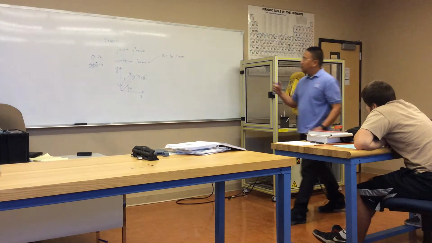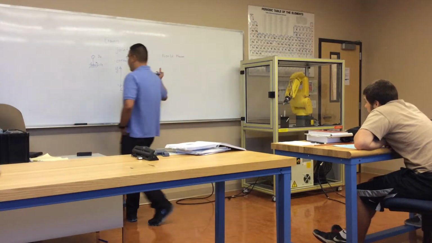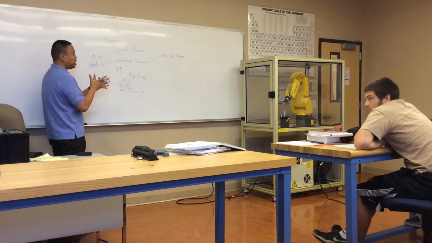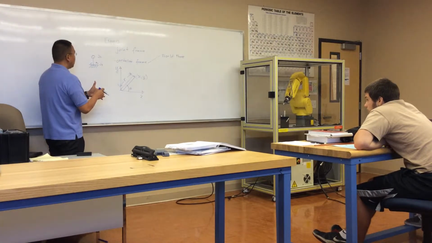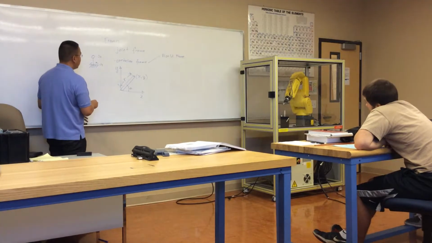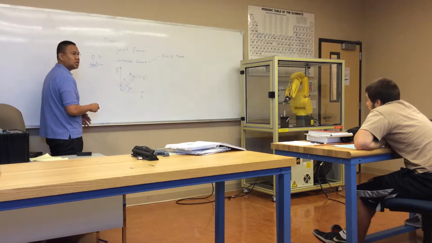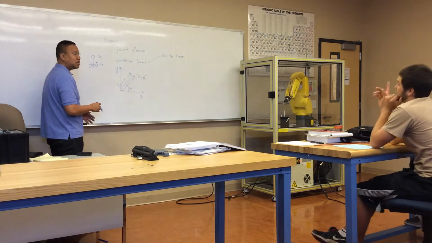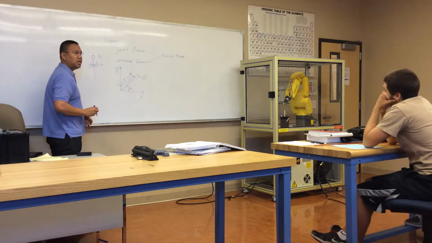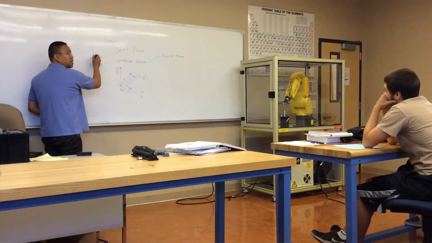So the position of the world frame, the origin of the world frame where everything is based, is the intersection of the axis of joint 1 and joint 2. Where's the axis of joint 1? Straight up. That's the axis of joint 1, and joint 2 axis is here.